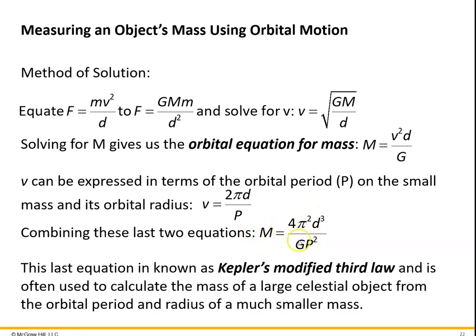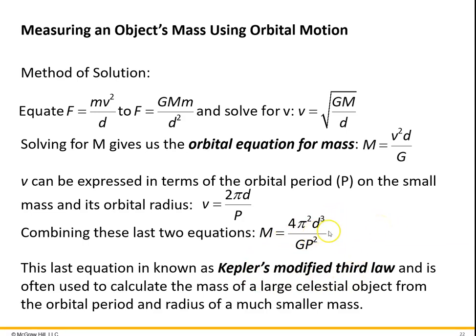So Kepler, for example, applied that equation, a cubed equals p squared, only for an object in orbit around the sun. Now, this equation can be used anywhere in the universe when one object is orbiting another object.